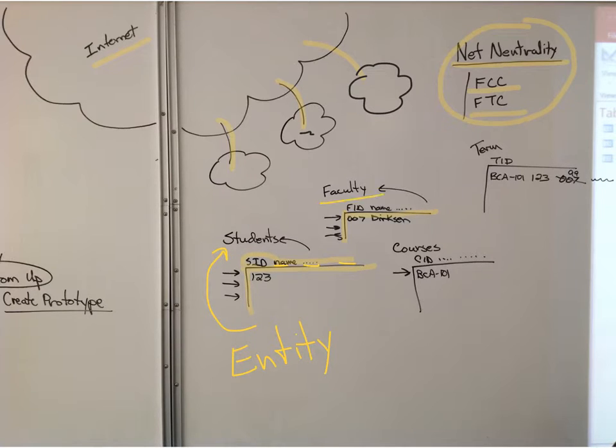So that's an entity, faculty is an entity, and then we have a faculty ID, a name, and so forth. So we have all these fields, and then we have records. Courses, course ID, BCA-101. It's a little more specific than that, but all this information about the course. And then we have records, or however many courses we have at NIACC.